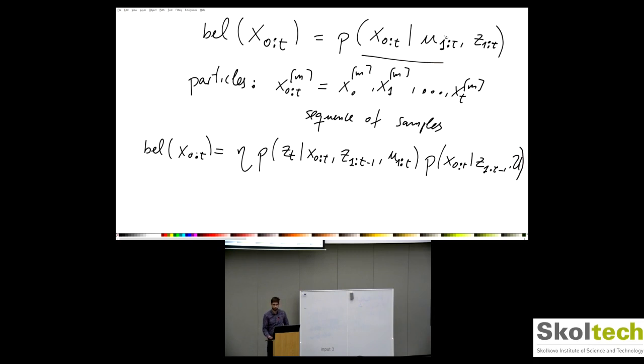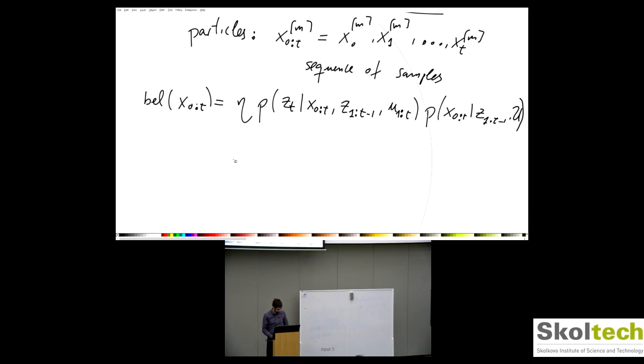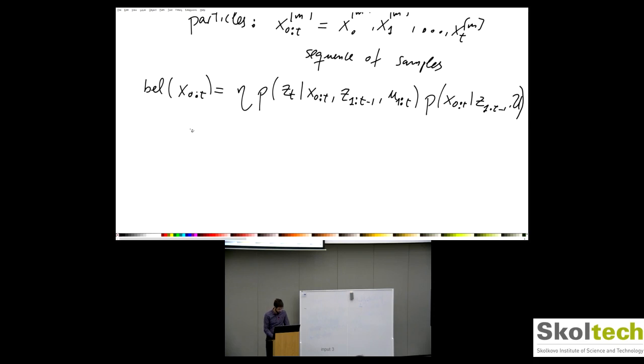You can do it later if you want. Then I'm going to apply Bayes again and the Markovian property. We are going to be using it a little, but you will see that not a lot. So this first term becomes like this.